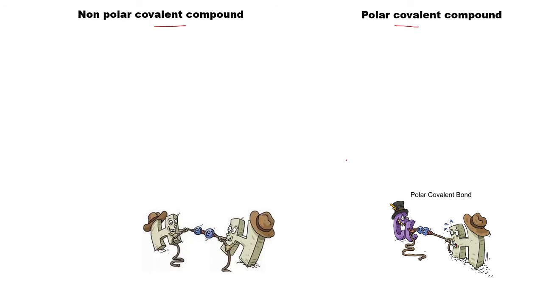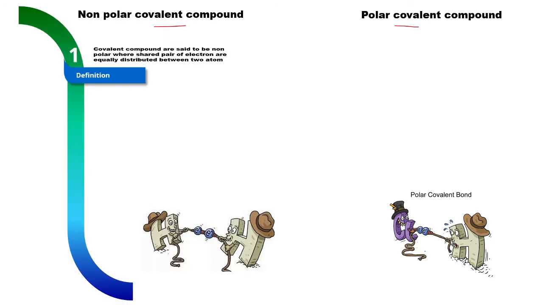So what is the definition of a non-polar covalent compound? Suppose in the combining atoms involved in the formation of a covalent compound, the electrons are equally shared. If the electrons are equally shared, then there would be no charge separation. That is, the electrons are symmetrically shared between the two combining atoms.